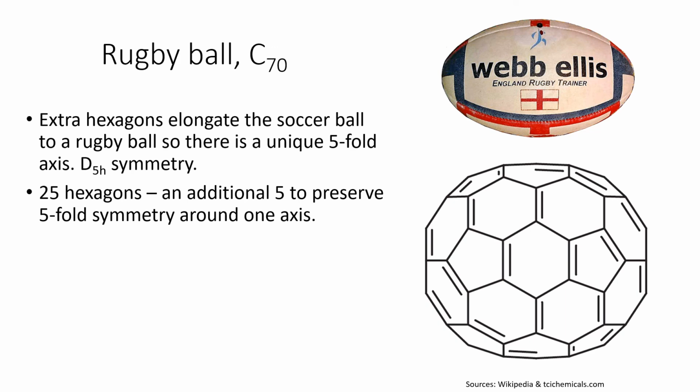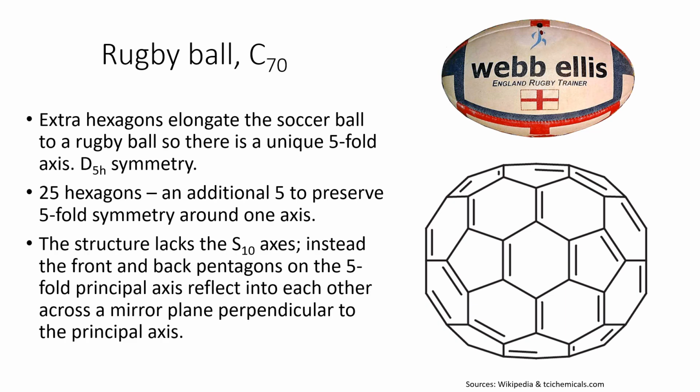And having slotted in those extra hexagons, we've fixed the symmetry in such a way that on the principal axis, those pentagons at either end are actually going to be the same way up. Remember, they were the opposite way up in the case of the C60.